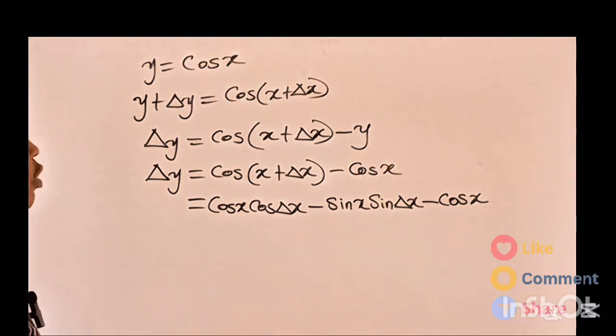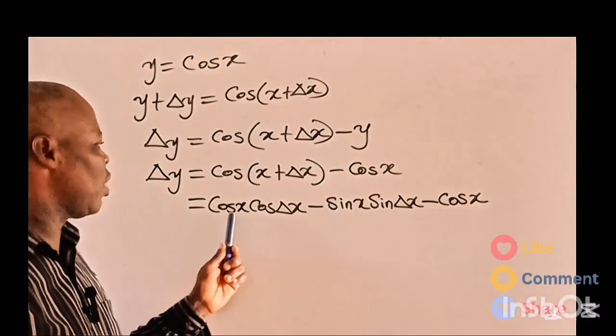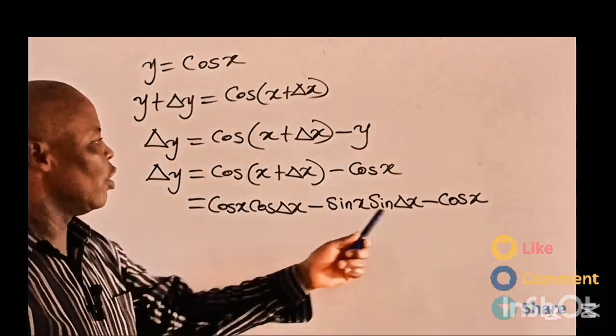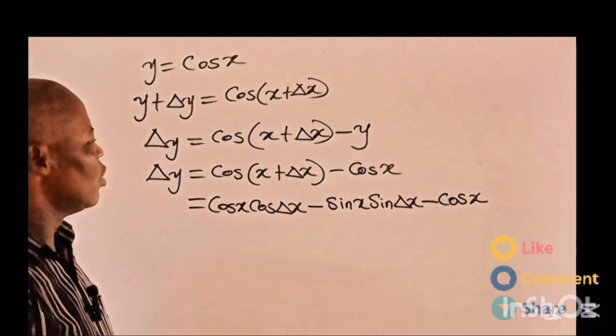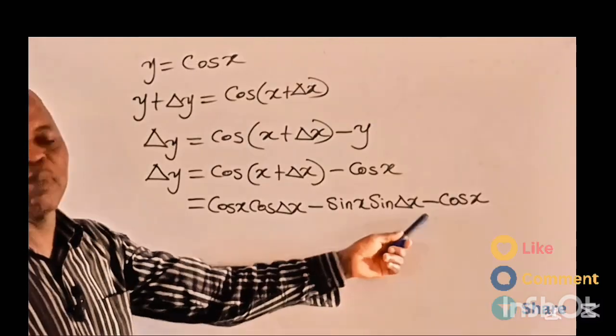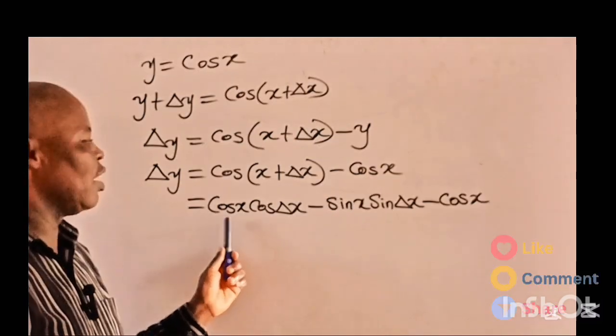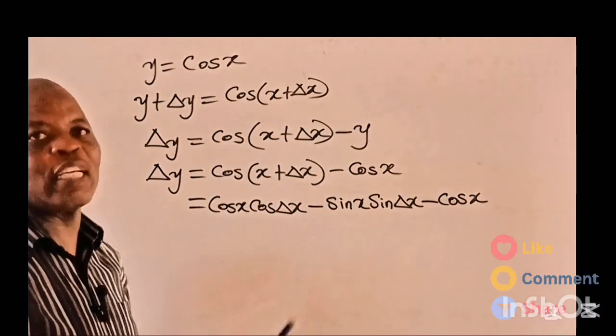What we are going to do is look at this and consider the terms that look alike, that is the like terms. We have cos x here, we also have cos x here. Though we have cos change in x here, we don't have cos change in x in any other place. We have sin x here, we don't have another, so the like terms there are cos x and cos x. So we bring them together.